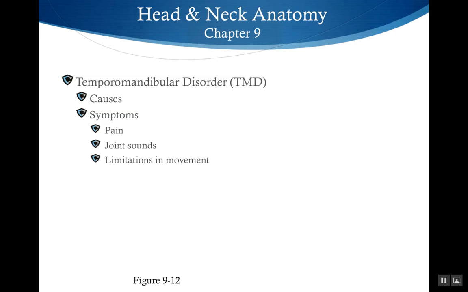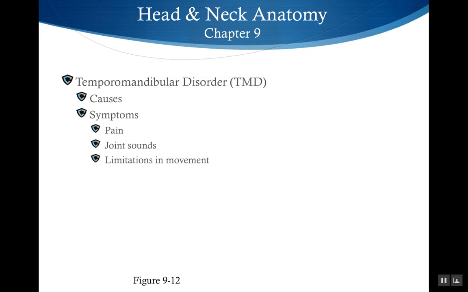Another symptom can be limitations in movement. Patients may complain that they can't open wide when they eat or when they yawn, or they may have pain during those motions. You can measure a patient's ability to open by measuring what we call their maximum incisal opening, which is the distance in millimeters between the incisal edges of the maxillary and the mandibular teeth.